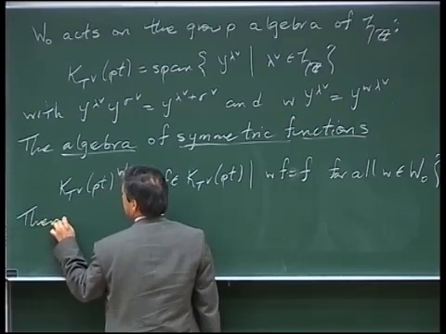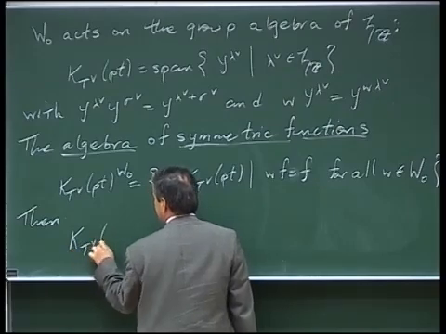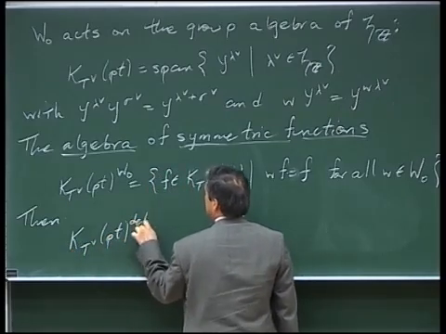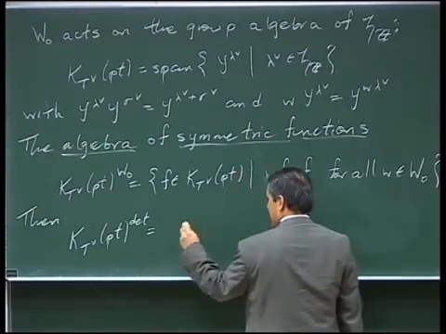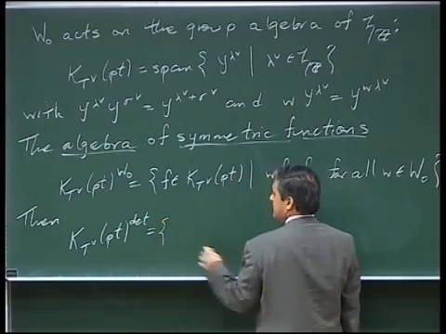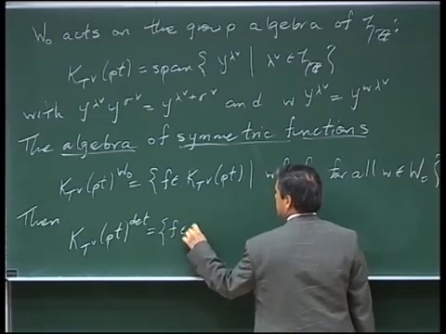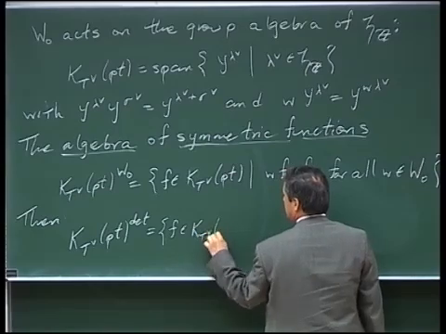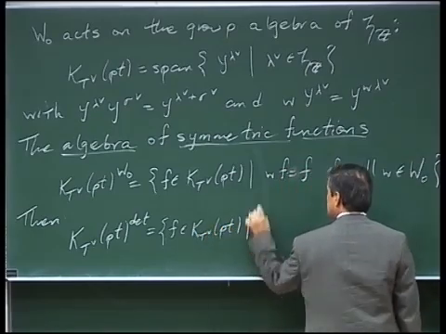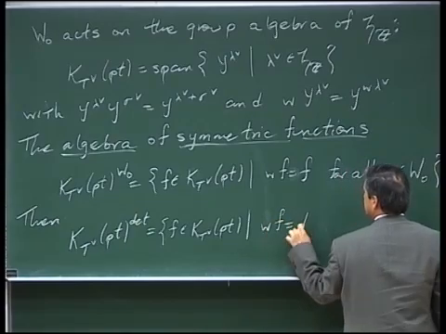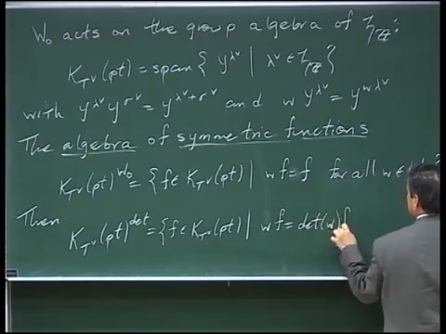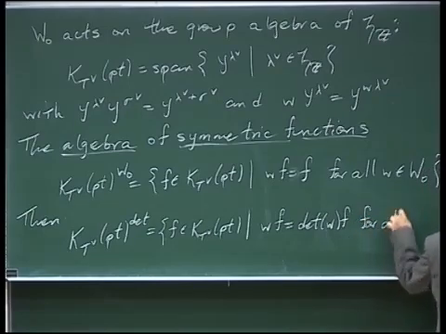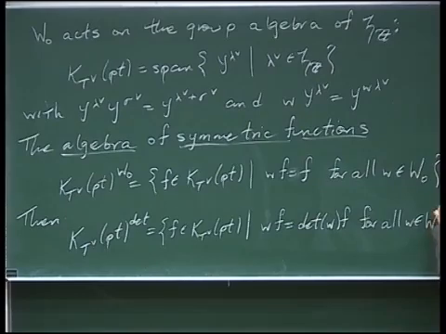Okay, so then there's another space which is sometimes called alternating symmetric functions or skew symmetric functions. So these are all of those polynomials on which W acts by the determinant representation. So of course the trivial representation is a one-dimensional representation of W, but there's another one, which is the determinant.